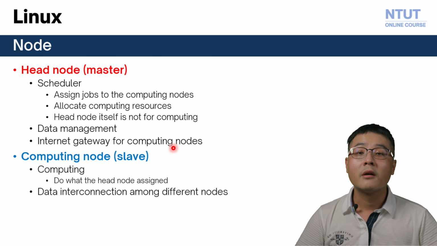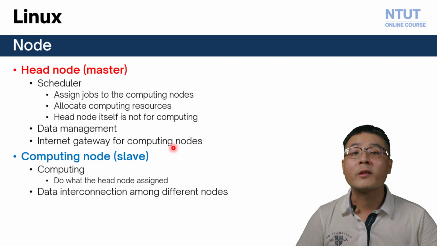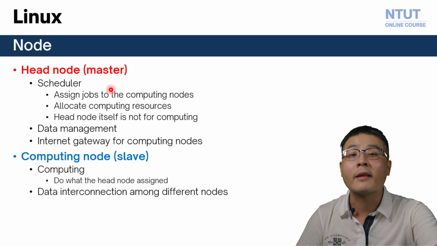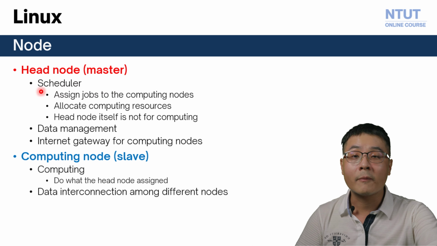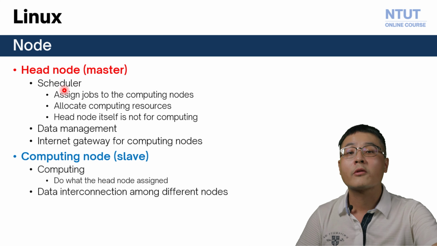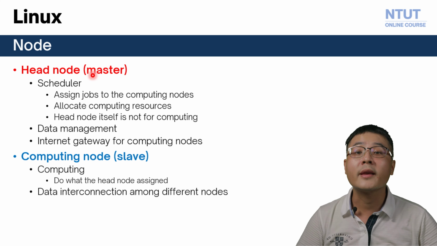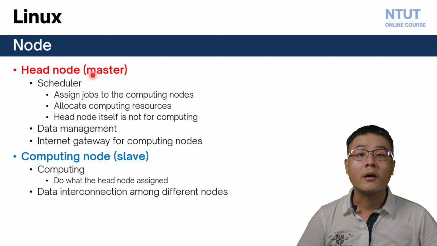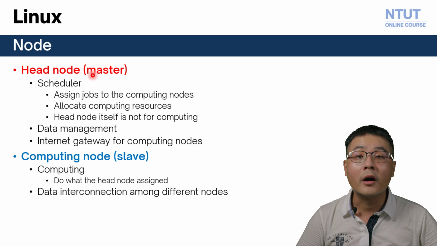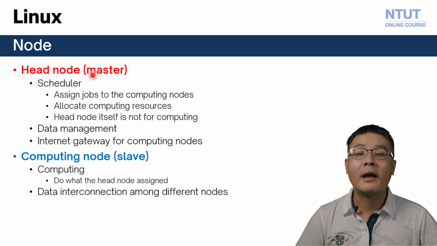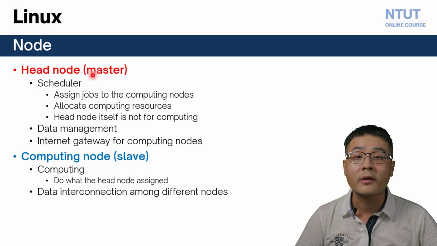So a head node, we typically treat it as a master computer. The basic usage of a head node is as a scheduler. So we will use the head node in assigning all jobs to the computing nodes, and we will use head nodes in allocating the computing resources for your job, your work.